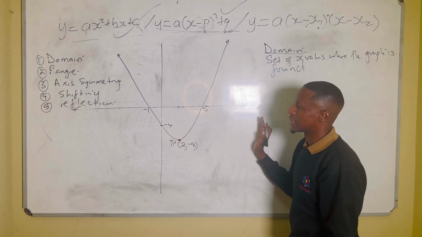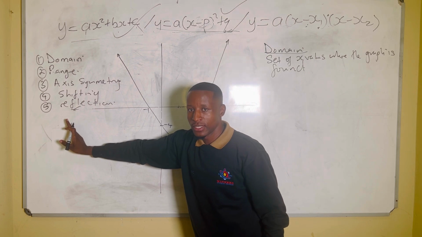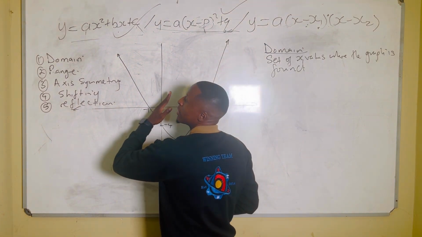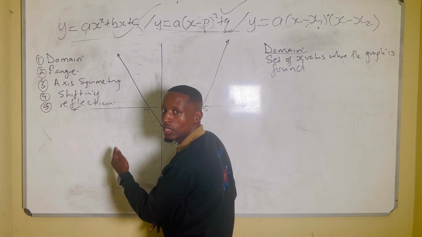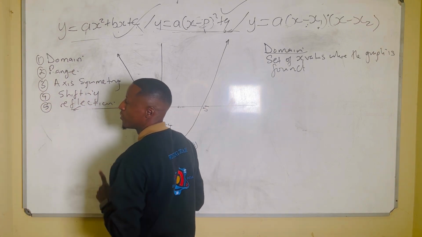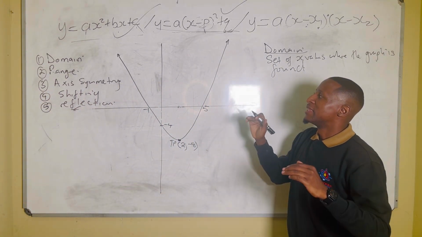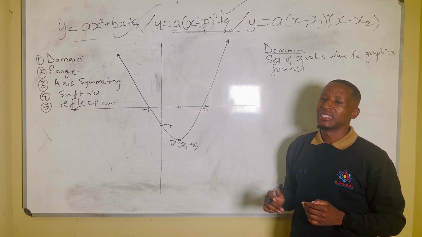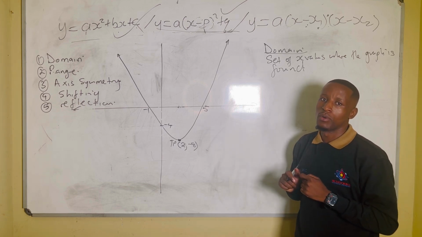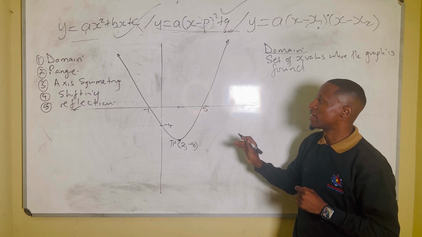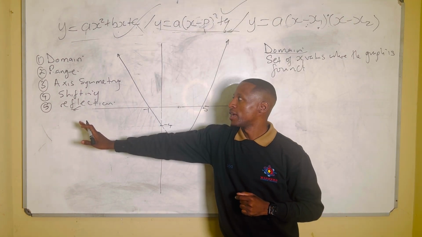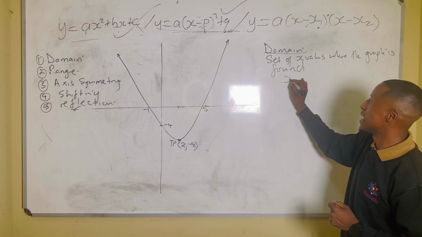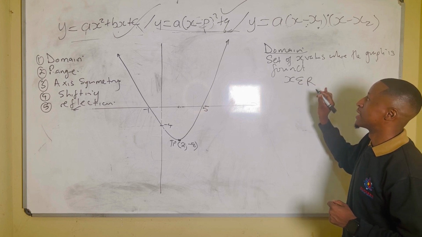So it does exist. Do you have your graph this side? Yes. Does it exist this side? Yes. Does it have any restriction? No. It will move to the left forever. So the domain of a parabola will always be the same, unless you are dealing with an inverse of a parabola. So the domain of a parabola, the fact that it exists everywhere to the left and to the right in all x values, our answer is going to be x element of real numbers.